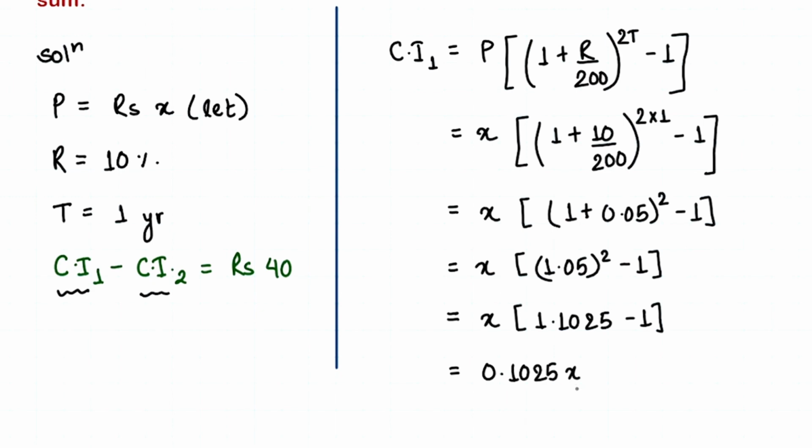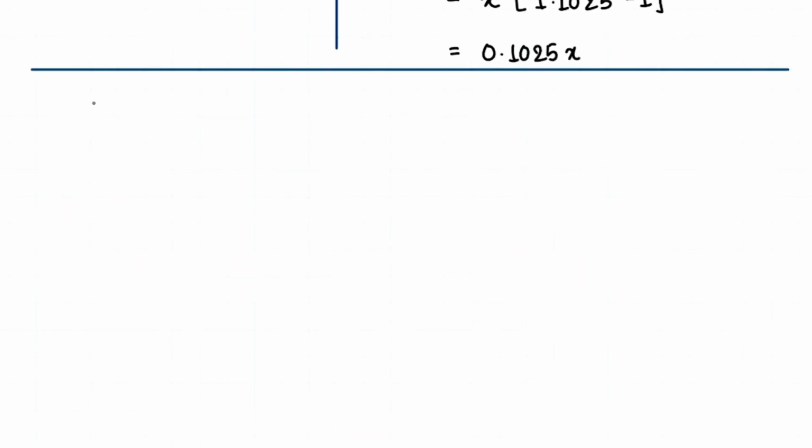So we have found our compound interest 1. Now for the compound interest 2, again, we are just going to use the formula and find the value in terms of X. So for our compound interest 2, which is our yearly compound interest, again, we have our formula P[(1 + R/100)^T - 1], because it's yearly compound interest.